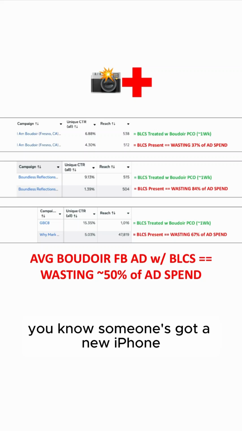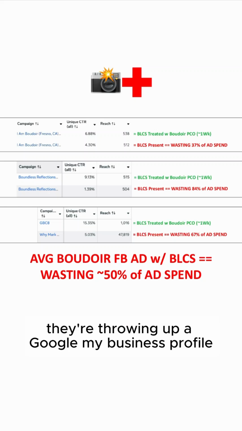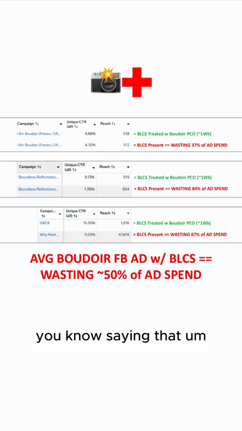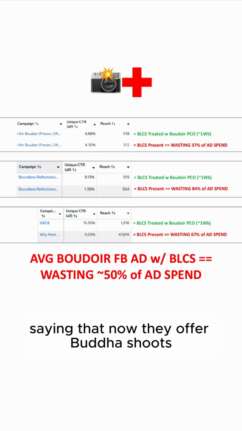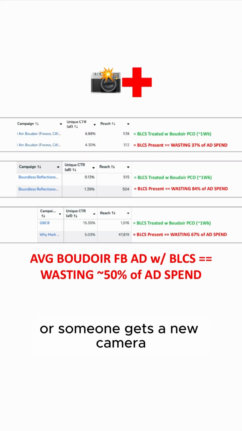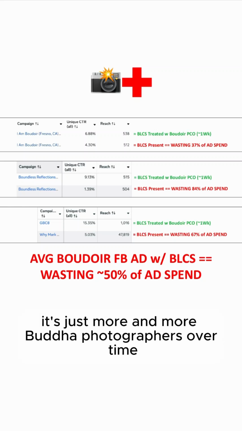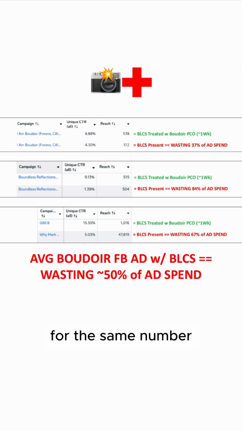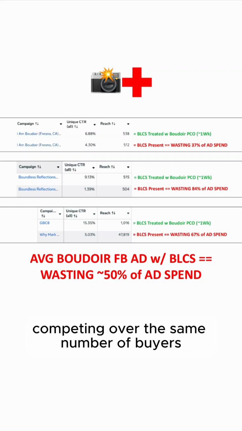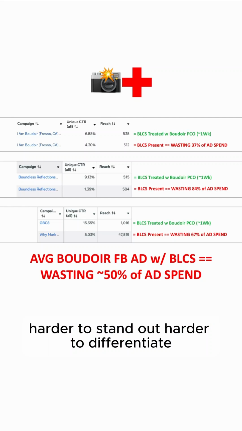Someone's got a new iPhone, they're throwing up a Google My Business profile saying they now offer boudoir shoots, or someone gets a new camera, now they're posting in the mom groups that they offer boudoir photo shoots. So it's just more and more boudoir photographers over time, competing over the same number of buyers, harder to stand out, harder to differentiate.